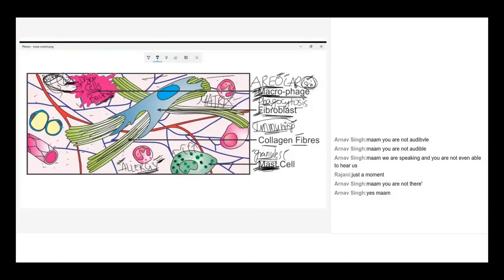Now when you take the fibroblast, the name itself indicates fibro. It synthesizes fibers like collagen and elastin; all these will be synthesized by the fibroblast. So that is a type of connective tissue.